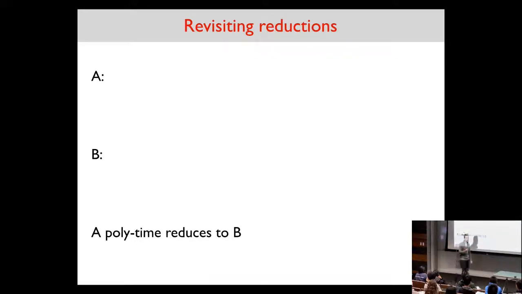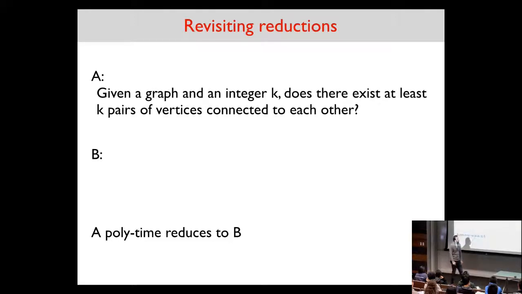Let me give you 2 examples. I'm going to give you 2 problems, A and B, and then we're going to see that A polynomial time reduces to B. The first one is going to be a quite simple, straightforward reduction.